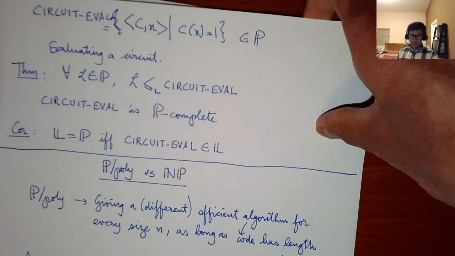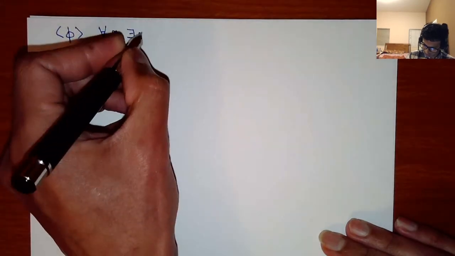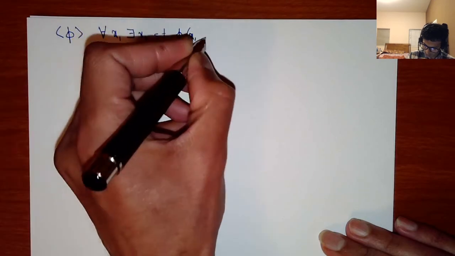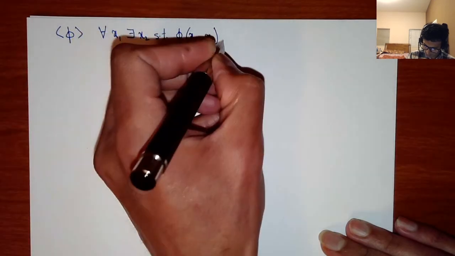So let's look at just writing down what pi2 sat is. I'm going to sketch out the main idea of the proof, and once I write the sketch, let's discuss the sketch, and then I'll write down more formalism. So it's just saying this is all phi, encodings of all phi, such that for all x1 there exists an x2 such that phi x1 x2 is true.